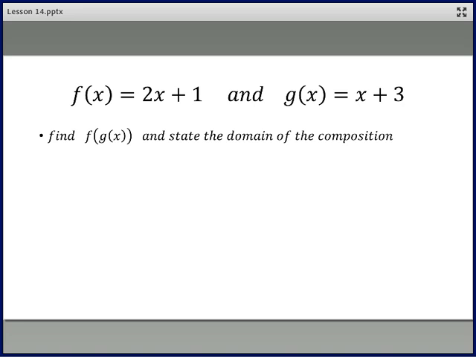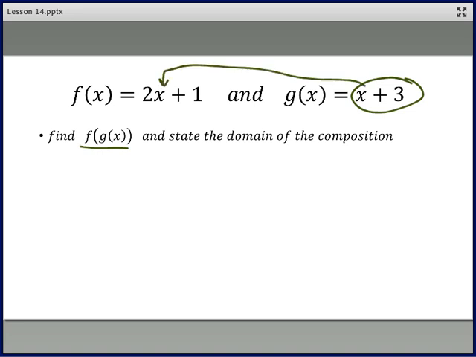So let's go through these examples. Here we've got f of x equals 2x plus 1 and g of x equals x plus 3. I'm asked to find f of g of x. So in other words, I want to replace x in f of x with the function g of x.